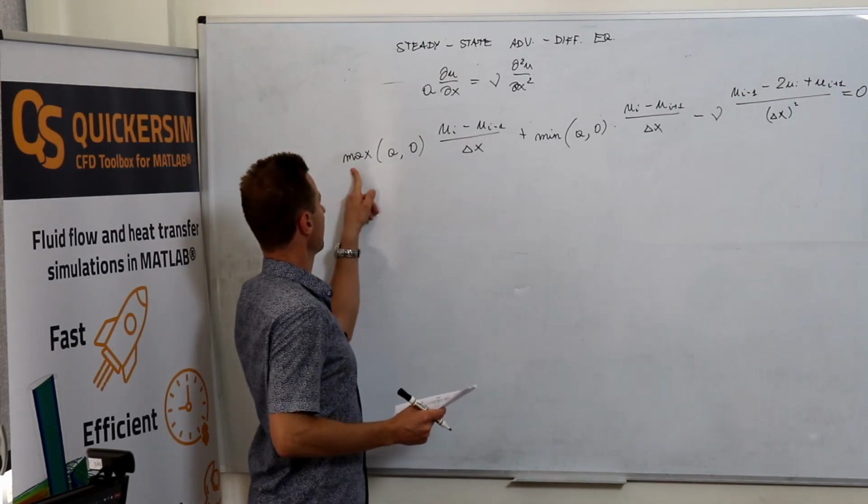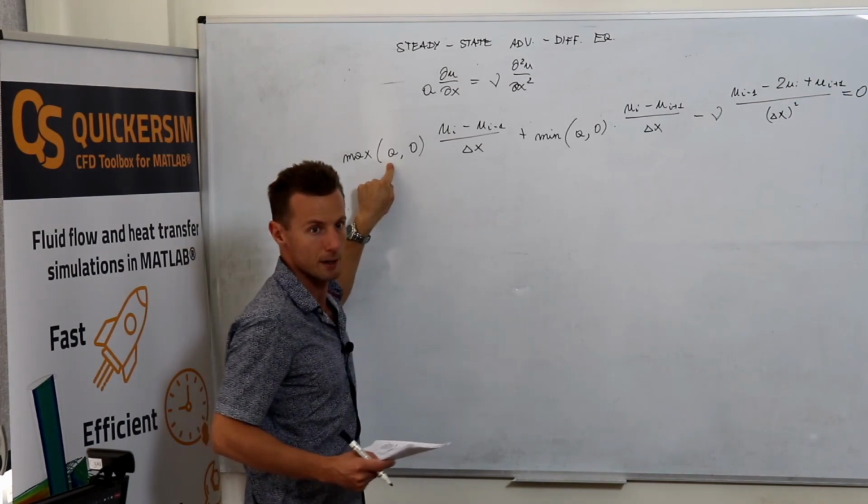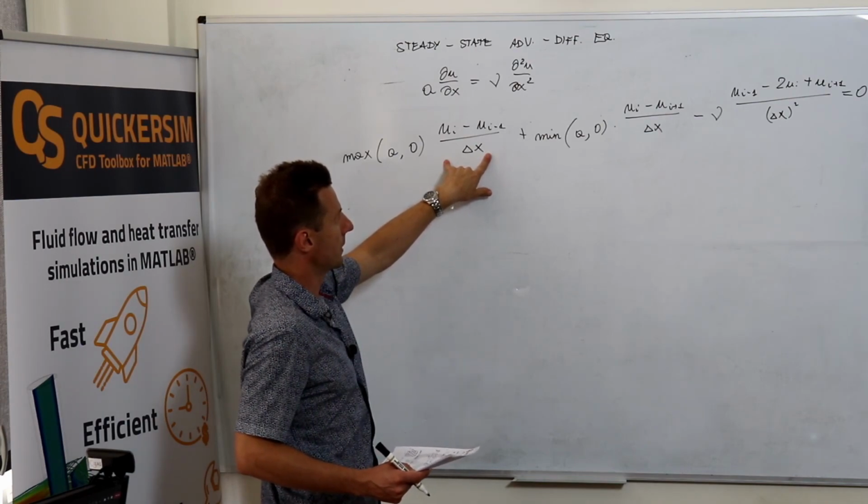Yeah? If you've got positive velocity, then obviously this term is equal to A, and you've got the regular upwind that we had a minute ago.